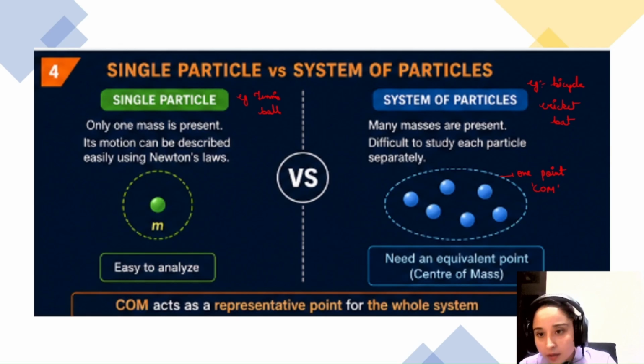That means the entire mass of this body is supposed to be concentrated at a single point. Let's say this is the single point where the entire mass of the body is concentrated, and that equivalent point is known as the center of mass. So center of mass is the point where the whole mass of the object is supposed to be concentrated, right?